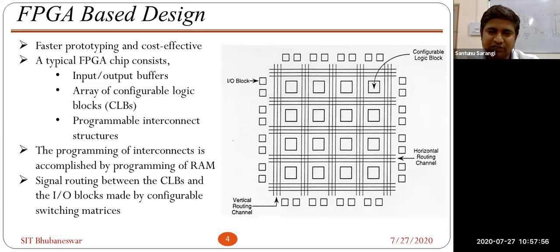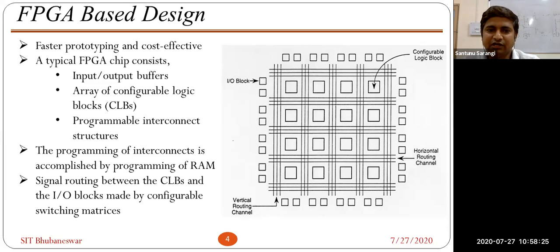It is mainly for a prototype, the first version of a design. The input is the HDL or Verilog code. Once you give that, according to the code it produces the gate level netlist, then does routing and placement, and finally you download the code. That will be your design.